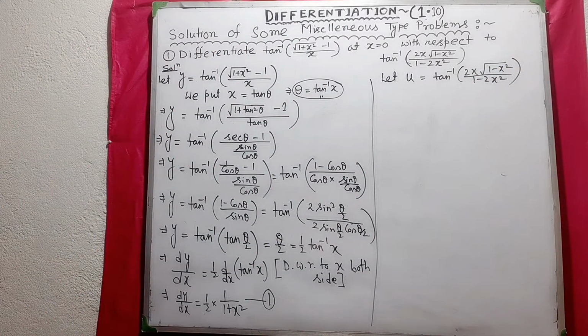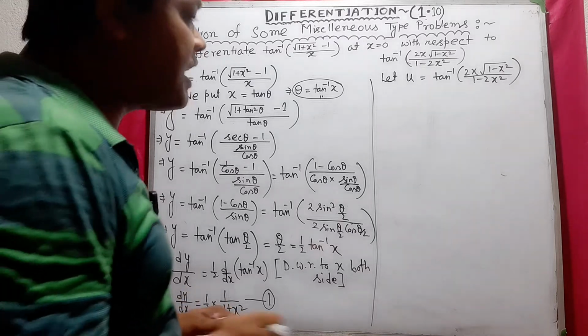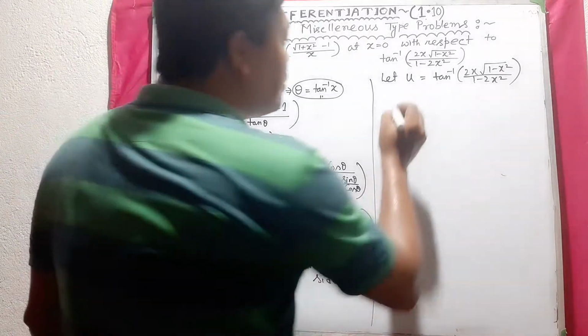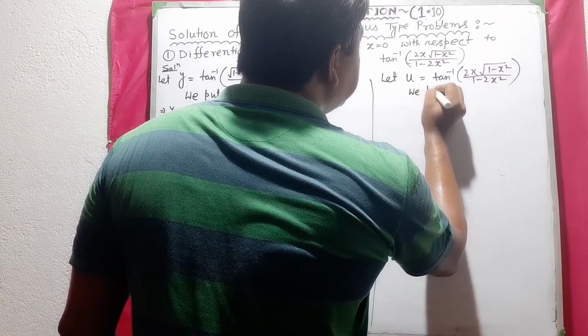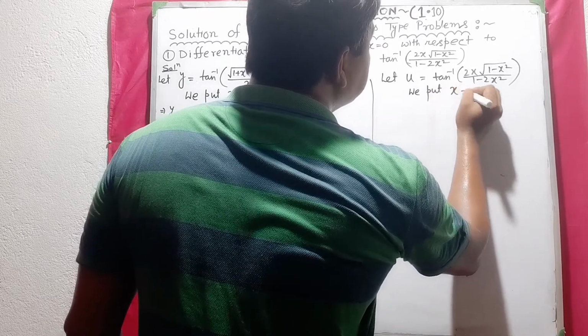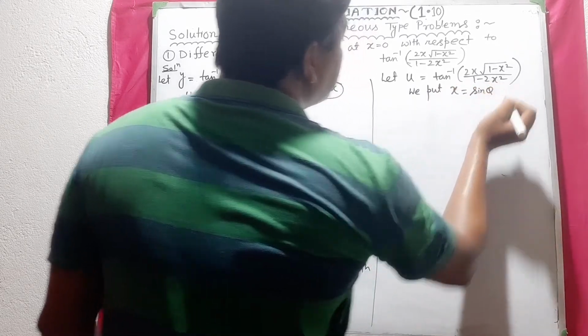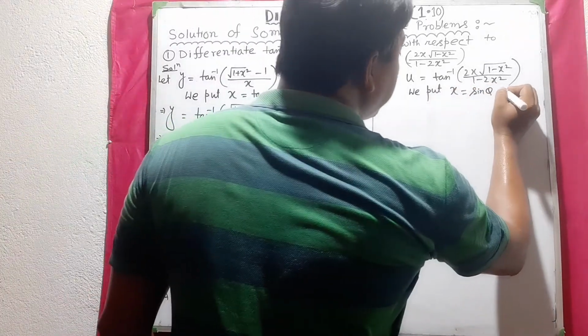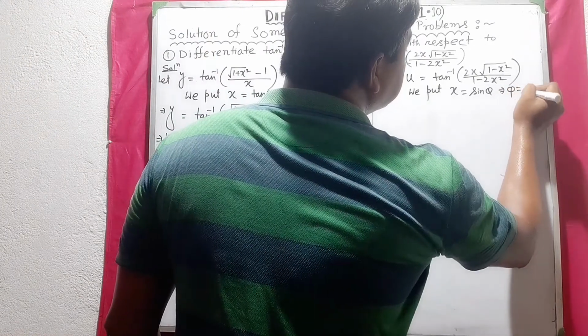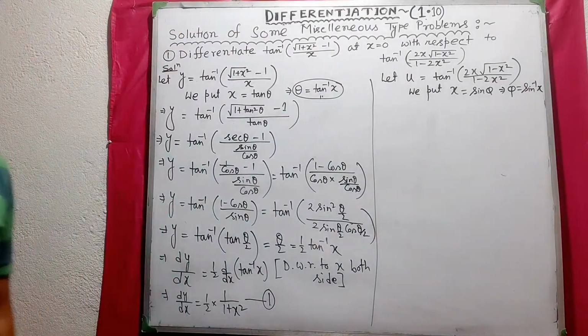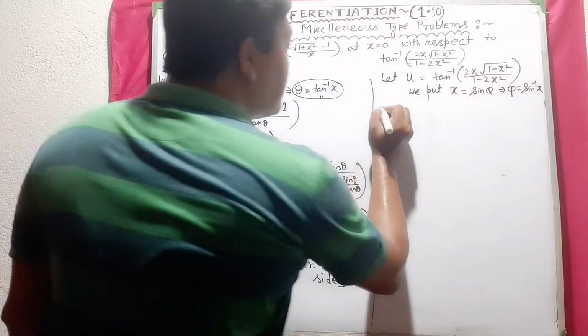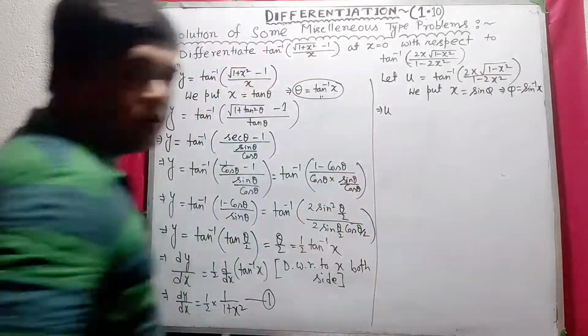For this case, we put x equals to sine phi. What is the relation between phi and x? So phi equals to sine inverse x.